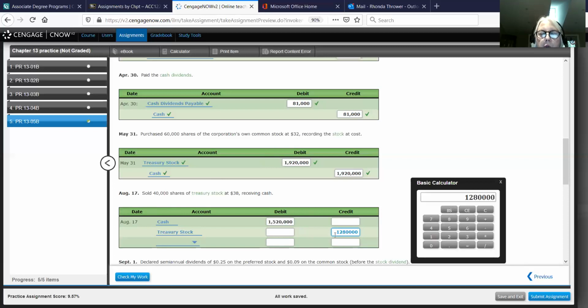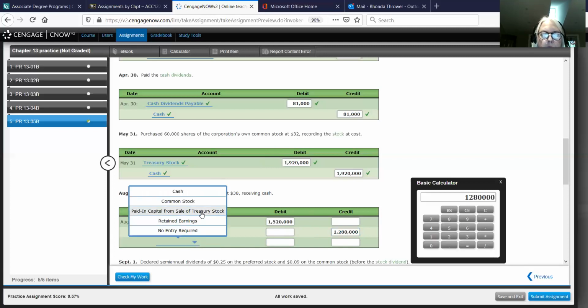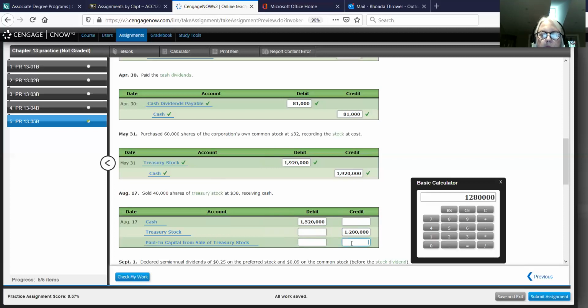The difference between what we bought it for and what we sold it for is an addition to the paid-in capital from the sale of treasury stock. The difference between these two, the cash that we received, 1,520,000, less what we paid for it, the cost of those shares, will give us an increase in our paid-in capital of $240,000.